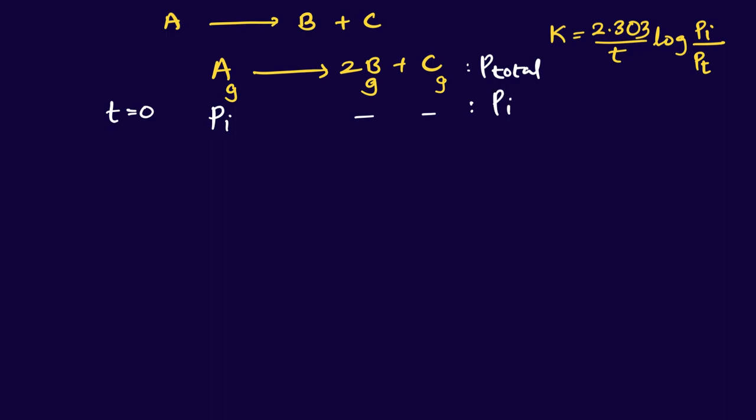Pi, because at T equal to 0 only the initial pressure is present, the pressure of products B and C is not present at all, that's why only Pi. Now at T equal to some T time, this can be represented as Pi minus X. This is called the pressure at T time.